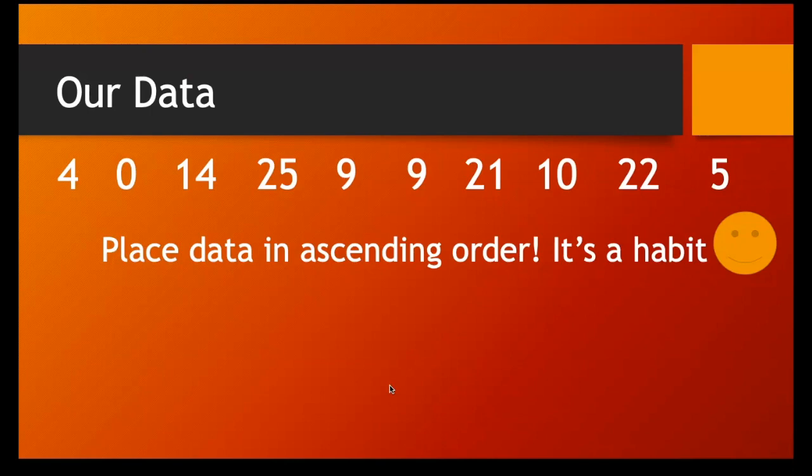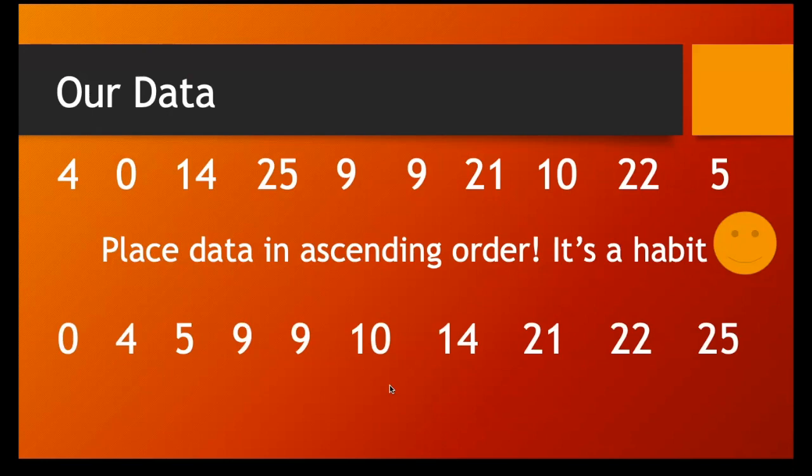It's only 10 numbers. Go ahead and pause the video, place them in numerical order. I like to place them in ascending order. Take your time, get that done. Once you're finished, come back with us and we're going to get started. Here you go. So those are your numbers in order.